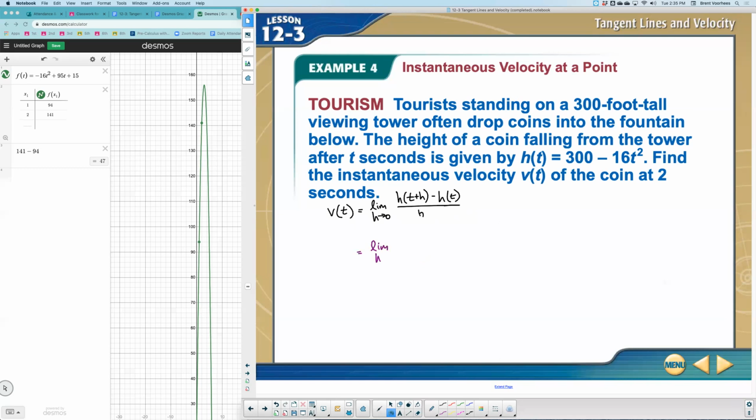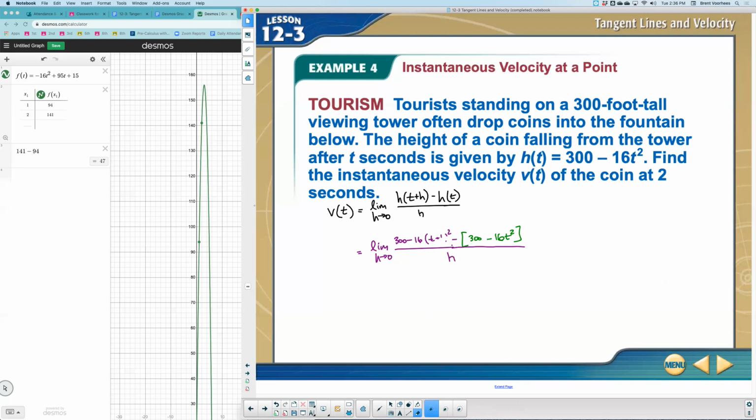The limit as h approaches 0 of, if we plug in a t plus h, we get 300 minus 16 times t plus h quantity squared, minus h of t, which is just 300 minus 16t squared. All of this would be divided by h.